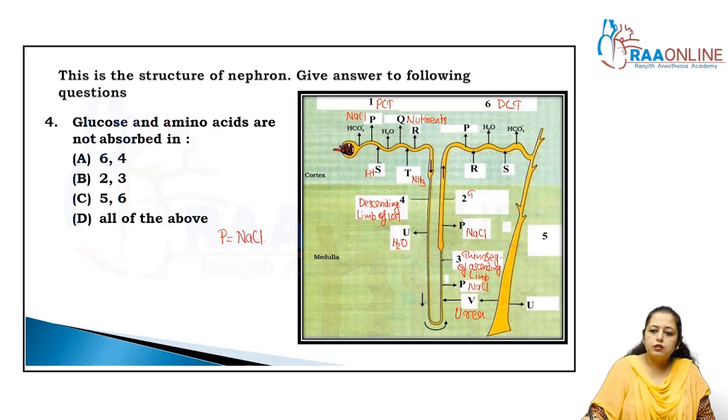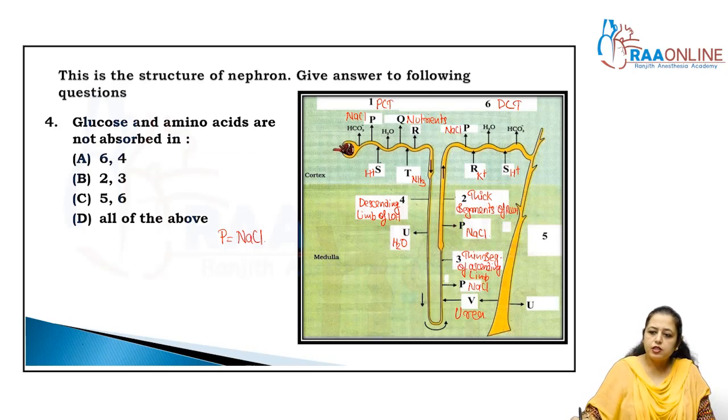That 2 is the thick segment of ascending limb of LOH, right? That R denotes the potassium ions. That S denotes the H ion. Again here in DCT, that P is NaCl, right?